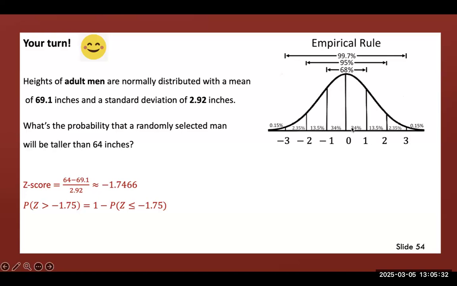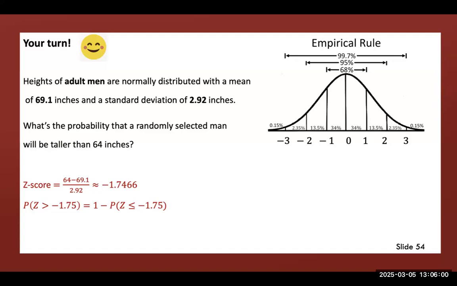Definitely at 0, that's 50%, and at -1, the probability to the right of -1 is 84%. So it's going to be bigger than 84%, but less than 84 plus this 13.5, which is 97.5%. So it's going to be somewhere between 84 and 97.5 to the right.